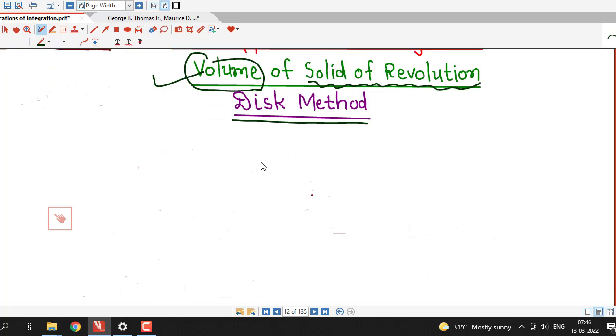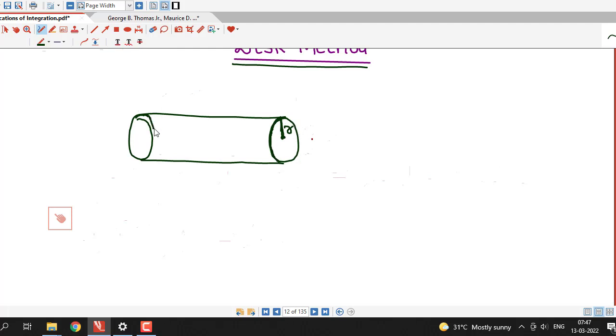So before going for disk method, we just recall the formula for the volume of a cylinder which we are familiar with. Suppose we consider a cylinder with base area. Suppose this is the base of the cylinder and it is a circle. Suppose radius is r, then this is going to be base area, and this distance between two base areas is the height of the cylinder.